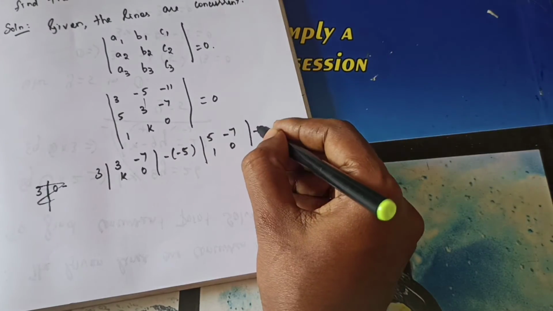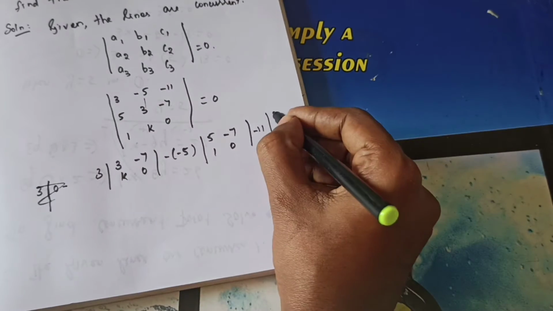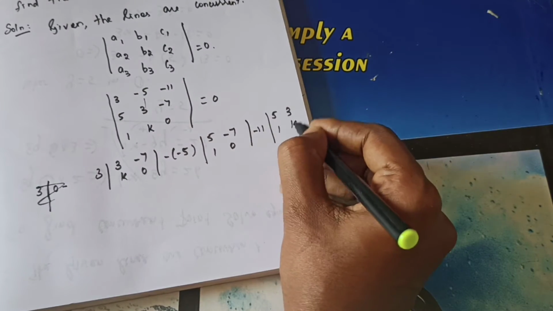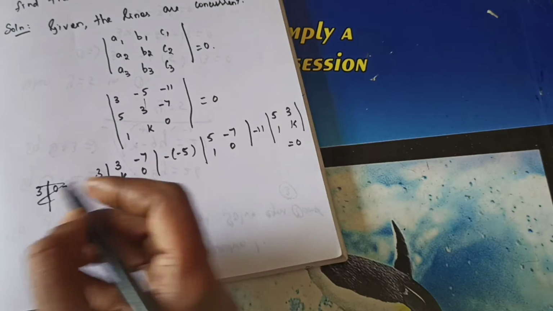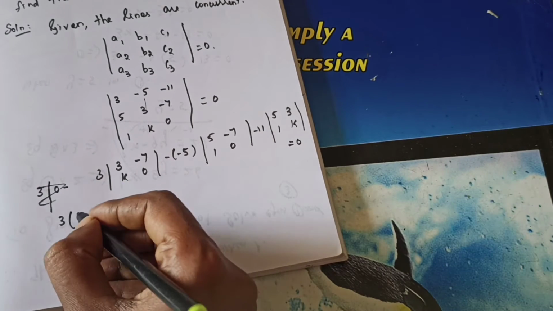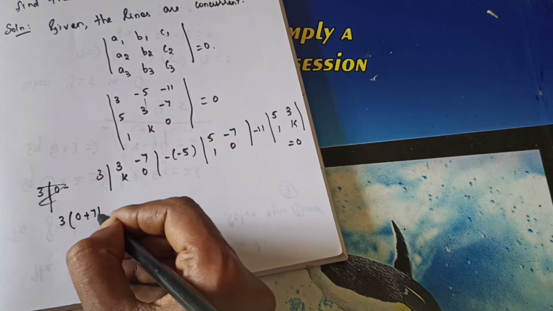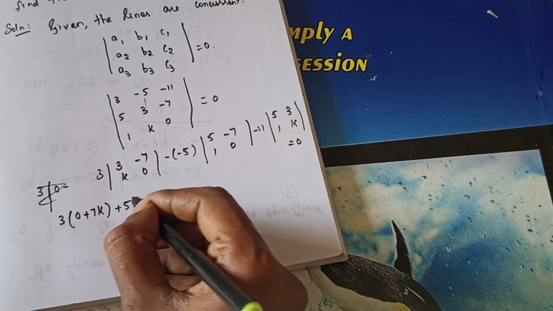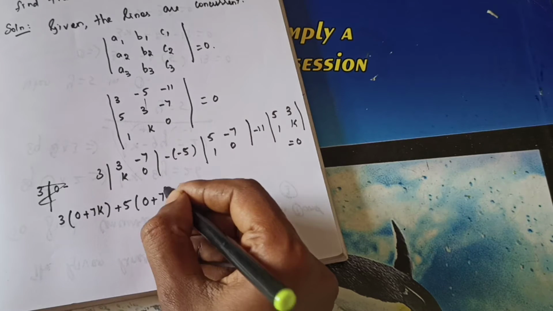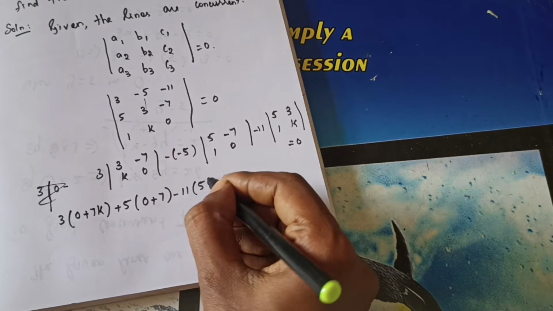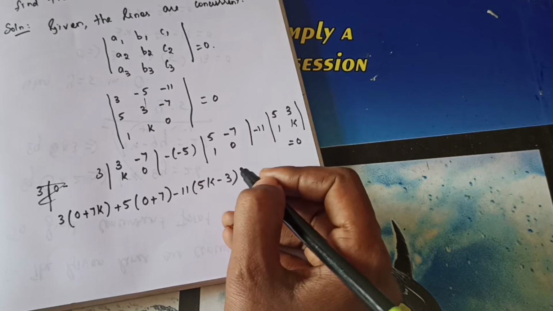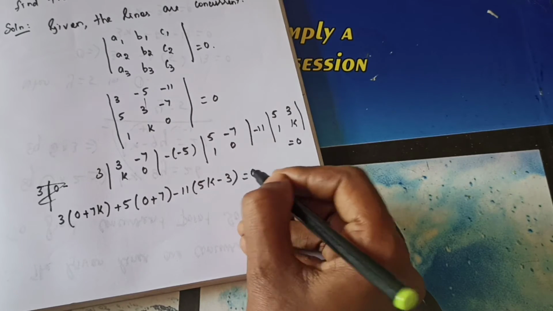The next one is minus 11 into this and this. You learned this in the first unit, and we have completed many problems. So 3 into 0 minus of minus 7k, which is plus 7k, plus 5 into 0 plus 7, minus 11 into 5k minus 3, is equal to 0.